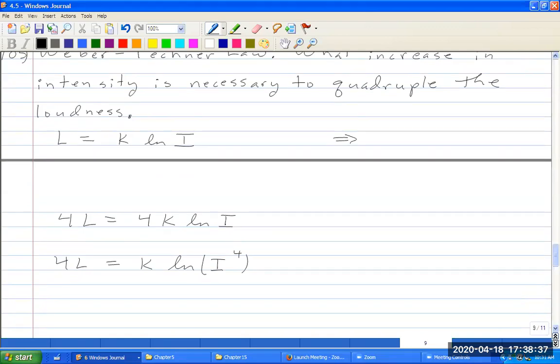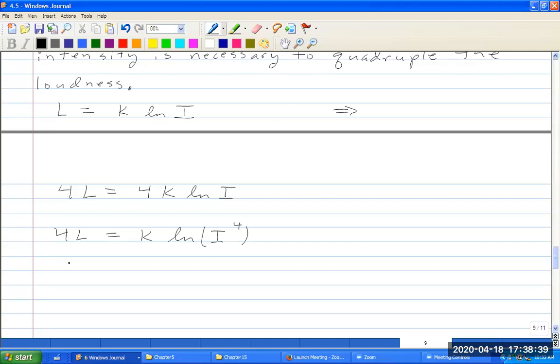And so you must raise the intensity to the 4th power to quadruple the loudness. So that's quite a bit. You have to raise it to the 4th power.